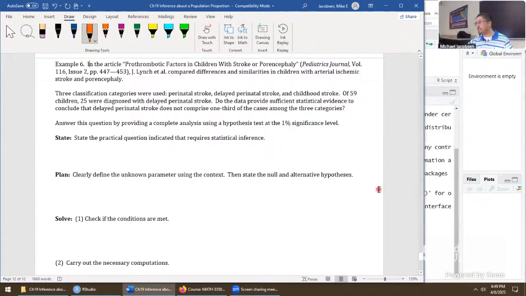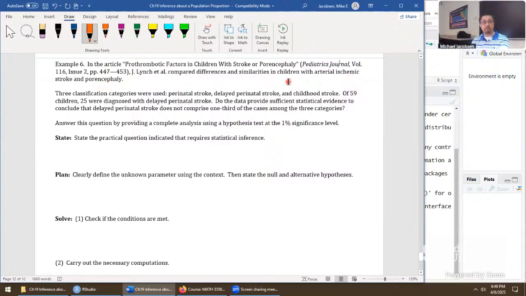It says in example 6, in the article, prothrombotic factors in children with stroke or porencephalopathy. Let me know if I'm pronouncing any of these weird. I'll get better as we go. This is in the Pediatrics Journal. These authors compare differences and similarities in children with arterial ischemic stroke and porencephaly.